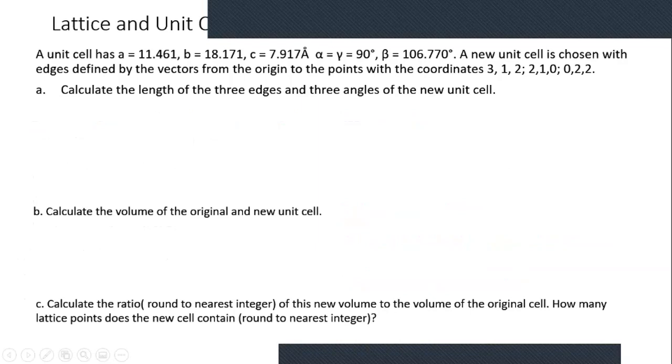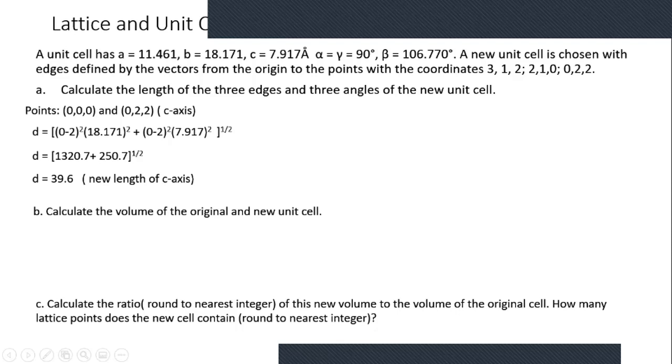So we calculated the length of the three edges. Now the three angles are going to be the same. Since alpha and gamma are 90, beta is still going to be 106. So there's no change in the angles of the new unit cell. To calculate the volume of the original and new unit cell, we have to use the volume equation. For the volume of the original unit cell, we set it up like this because it's monoclinic.